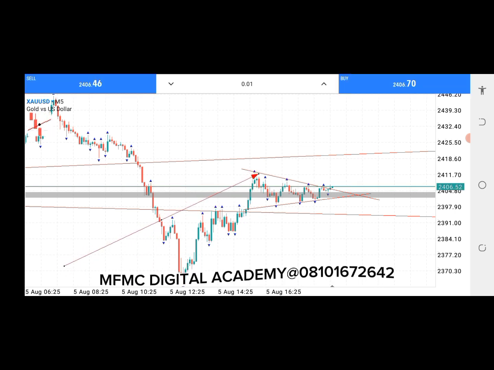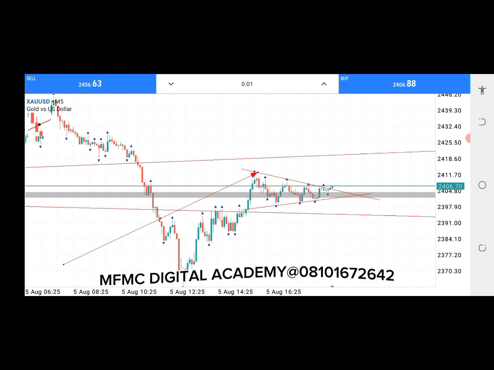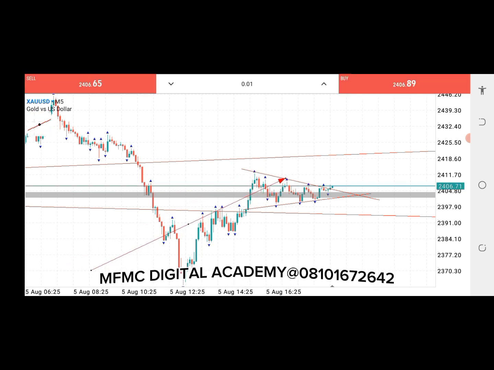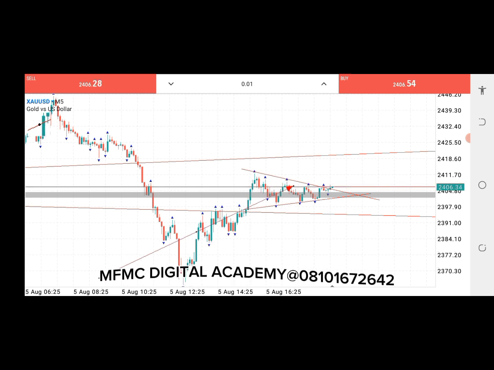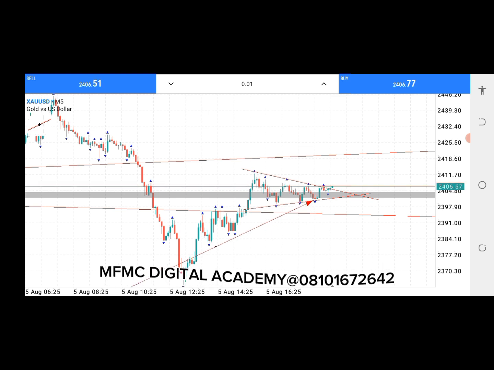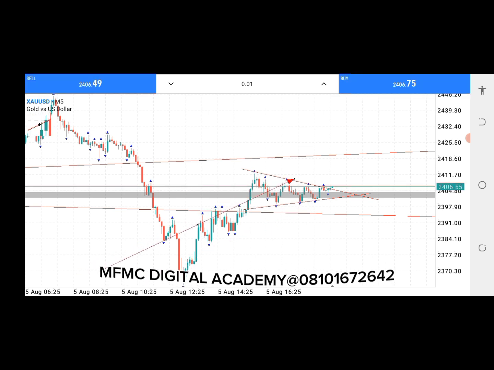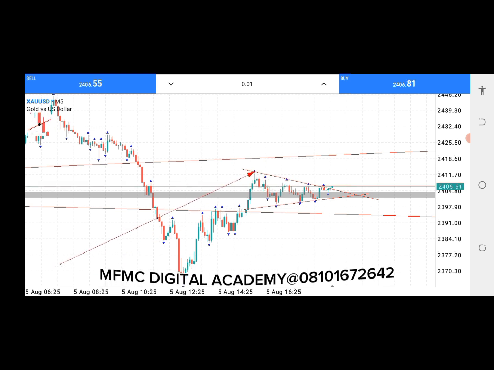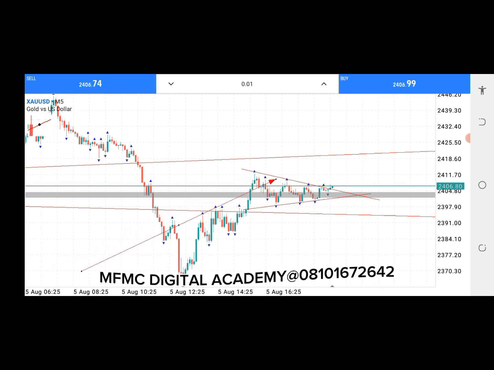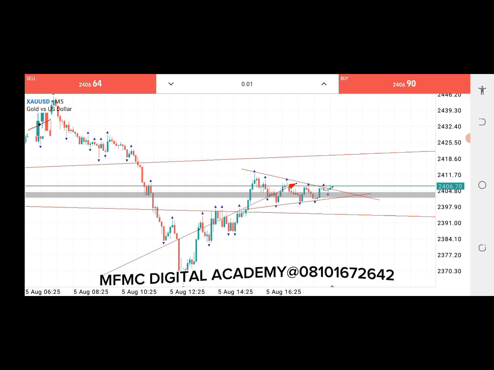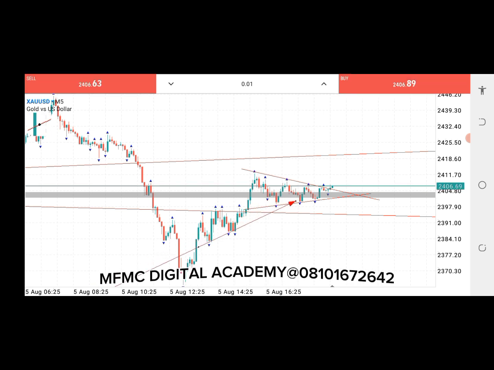We have a lower high here, we have this lower high here, we have a lower low here, we have a lower high here, we have a lower low here. Hope you understand, because this high is lower than this high, and this high is lower than this high. So that is the characteristic of a downtrend market.